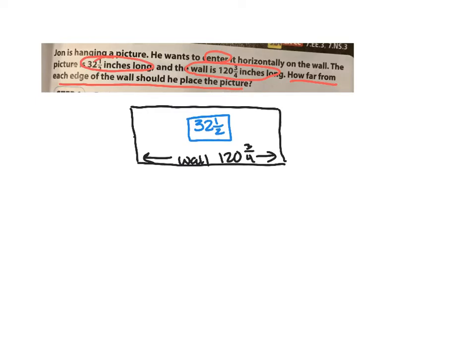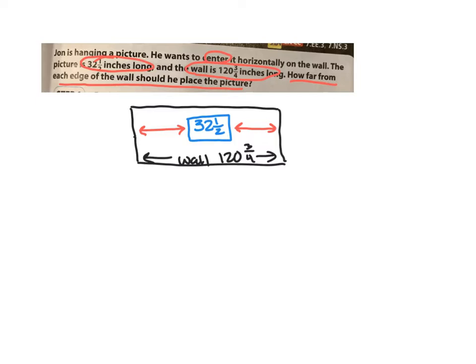And I want to know if I want this to be equal distance here, here, and here. I want to know what kind of length I need to have on there. What is the measure of this section?